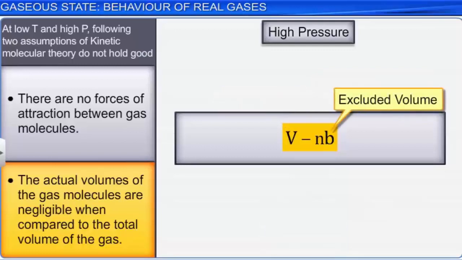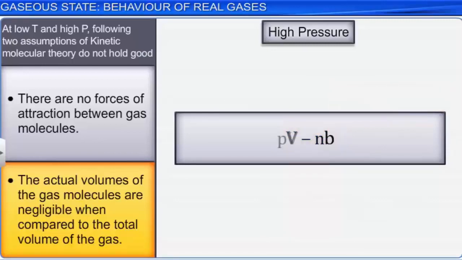After substituting the two corrections of pressure and volume in the ideal gas equation, PV is equal to nRT, we get P plus an square by V square multiplied by V minus nb is equal to nRT. This equation is known as Van der Waals equation.